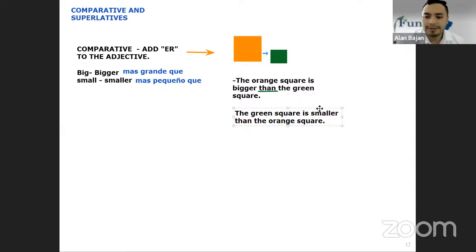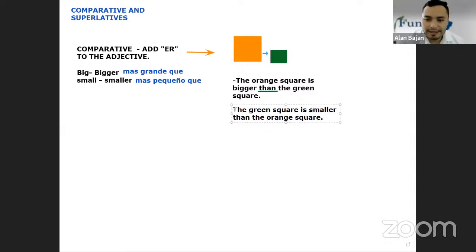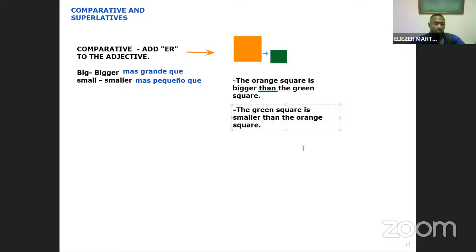So for the other side, we say the green square is smaller than the orange square.